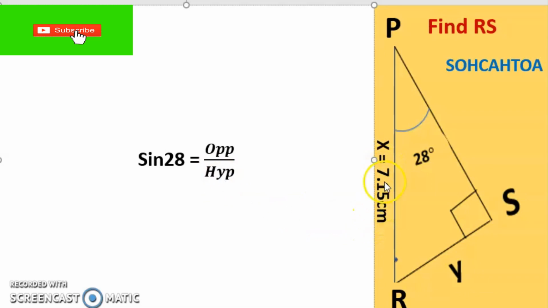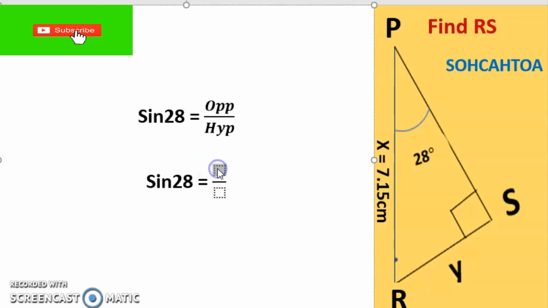Hypotenuse is what we have found to be 7.15 centimeters. So we are going to substitute. Anywhere we see opposite, we put Y. Wherever we see hypotenuse, we put 7.15 centimeters. So we have Y over 7.15.